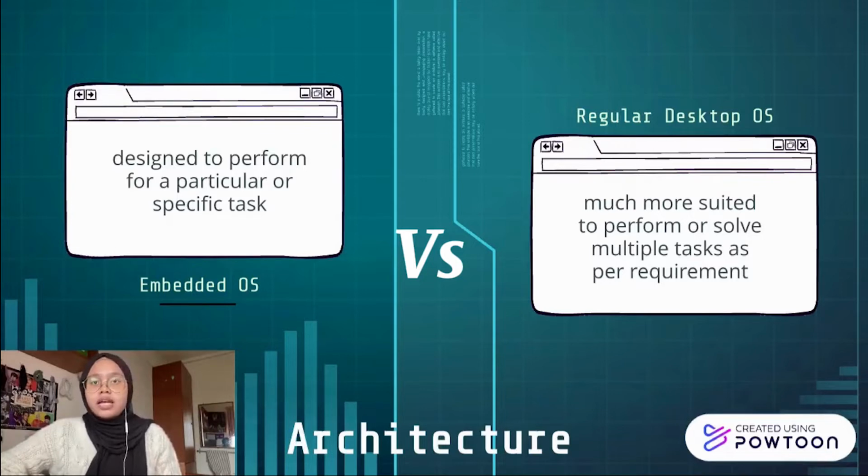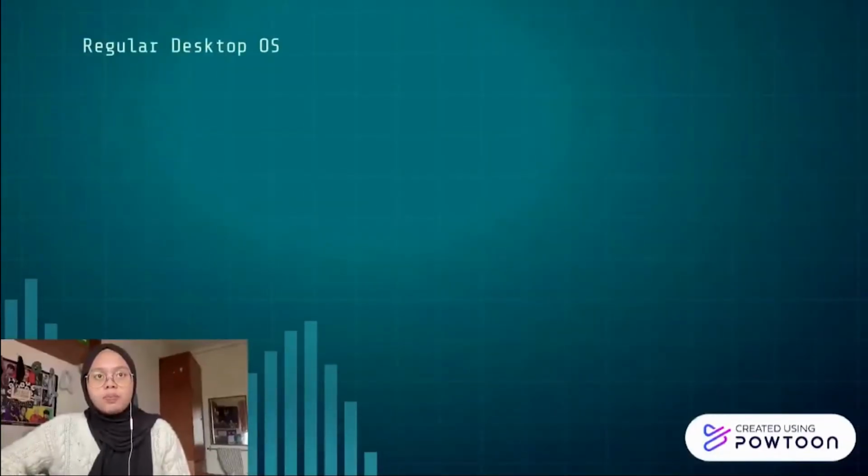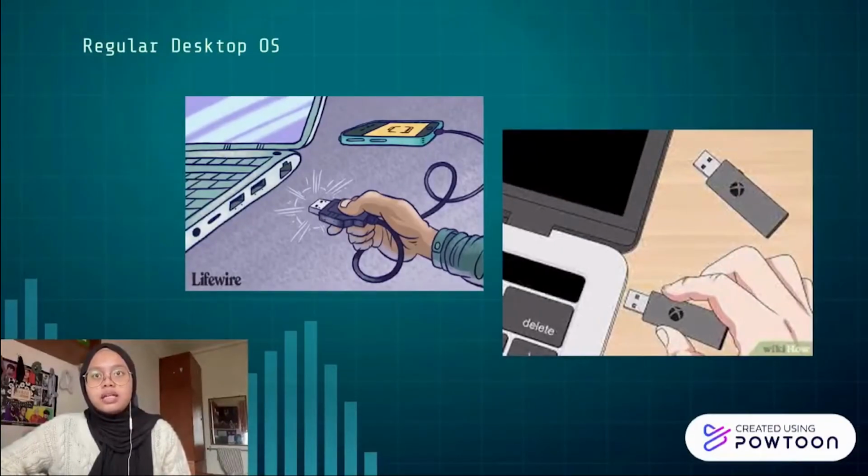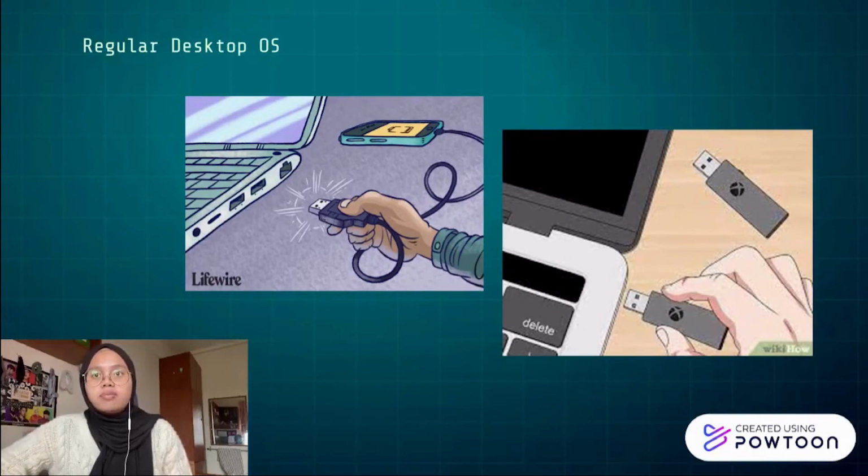Software can be easily added, updated, and removed, which alters the functionality of a system. Usually, a regular desktop OS has inputs and outputs that can be connected to it. For instance, the USB ports on your laptop allow other devices to change the capabilities and features available to the system. However, they are often not fully optimized to perform specific tasks.